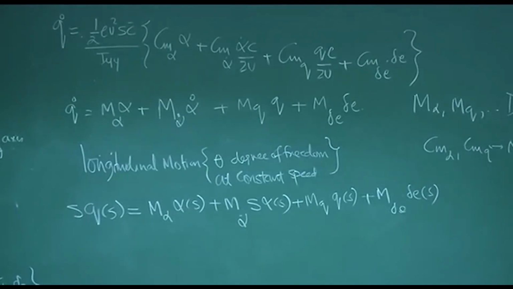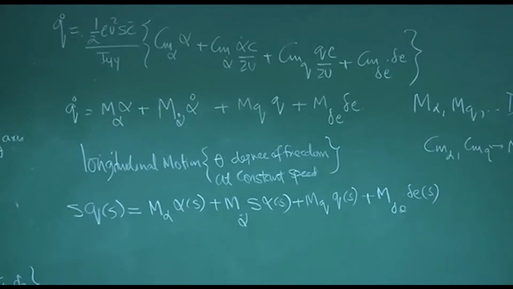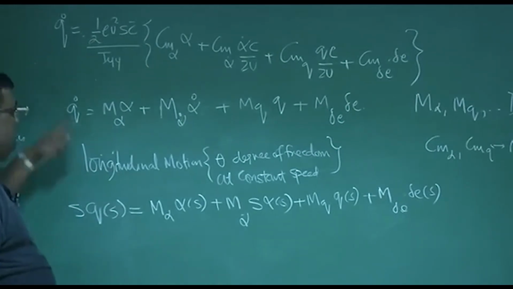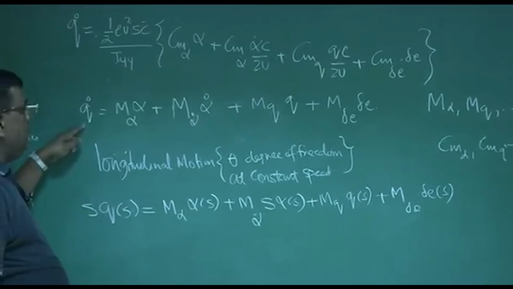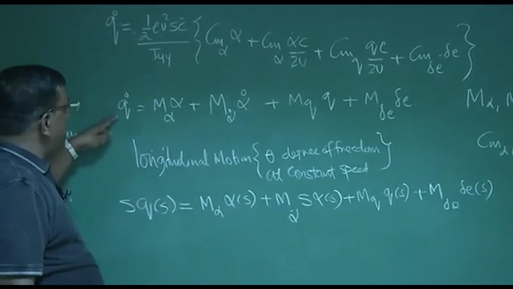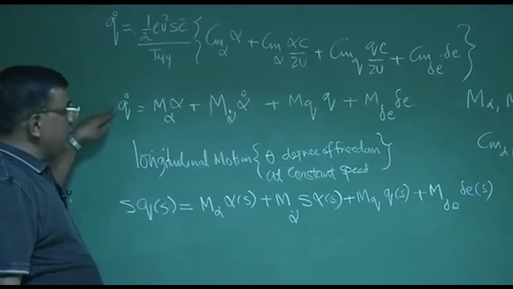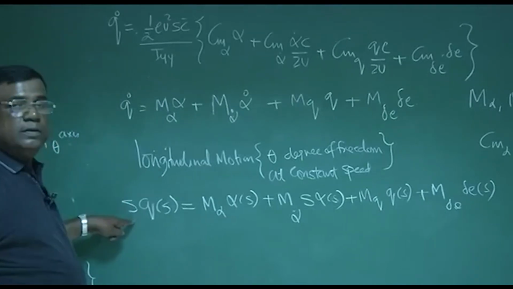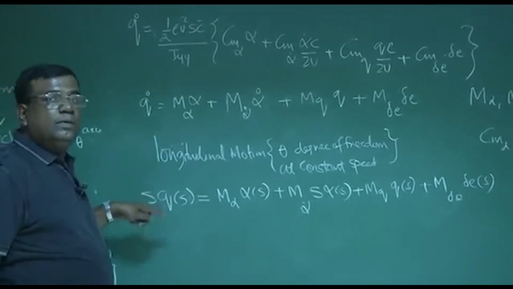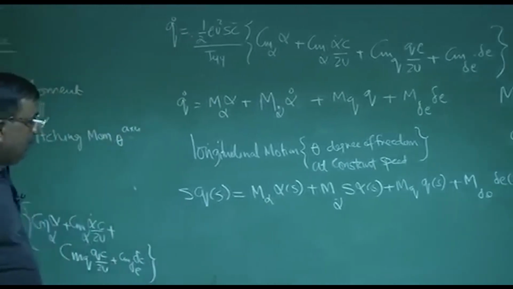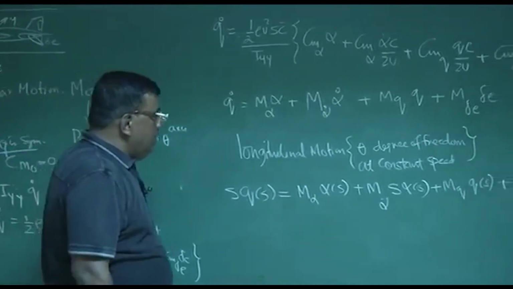We have taken the Laplace transform here because this equation was in the time domain. We are converting into the frequency domain using a Laplace transform, and you can easily see that this was a differential equation and this becomes an algebraic equation. There is an ease of operation. Now here we will do a little trick.